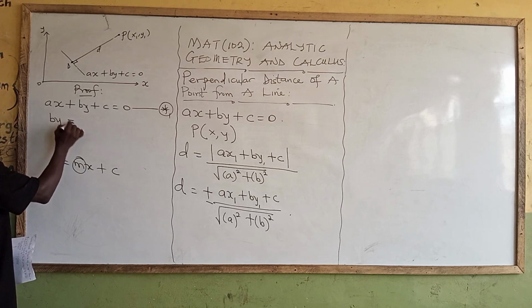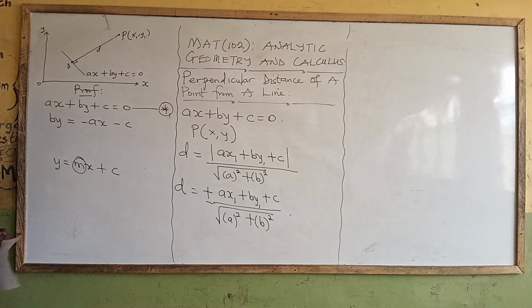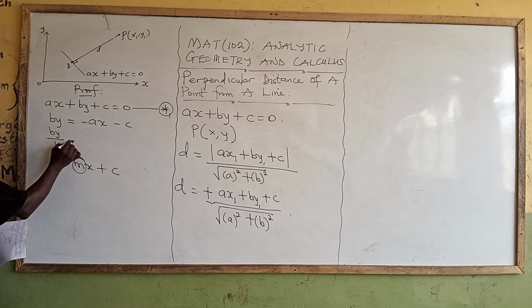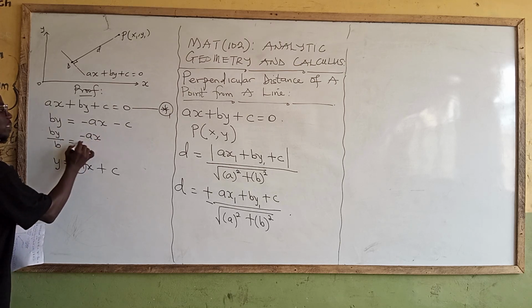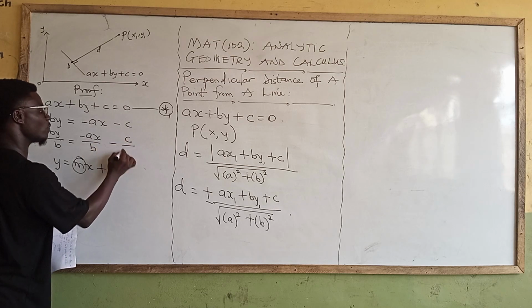So by equals negative ax minus c. Then what do we do again? We have to divide both sides by b. Right. So I have by divided by b equals negative ax divided by b, sorry, minus c over b.